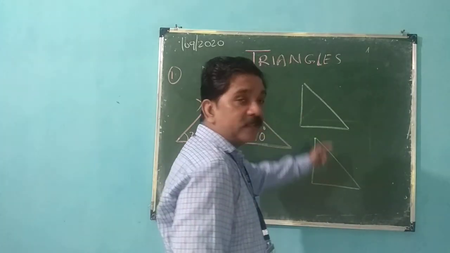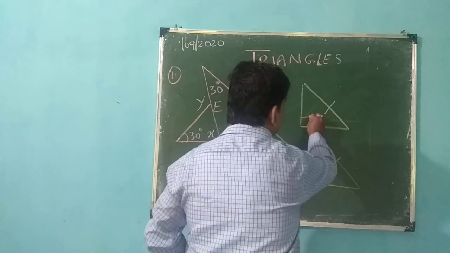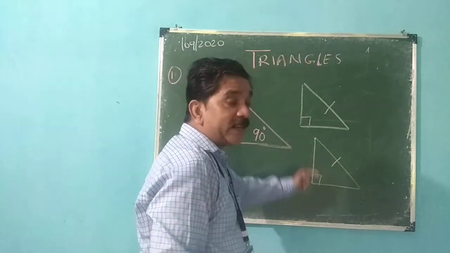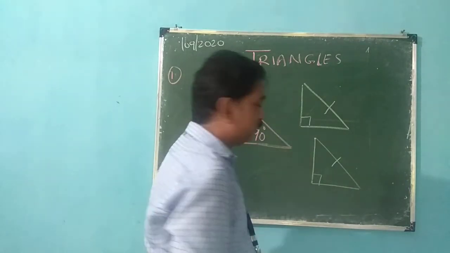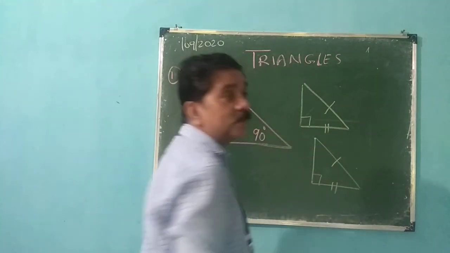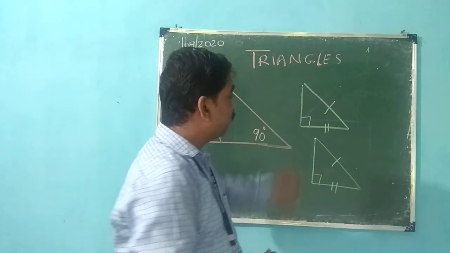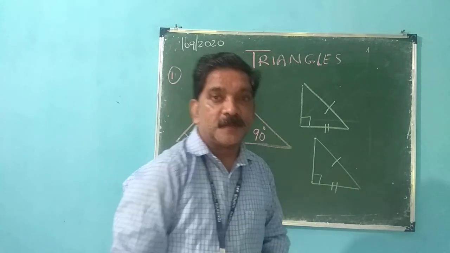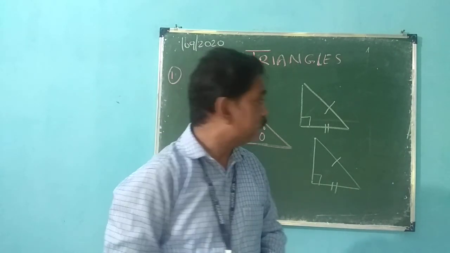When the hypotenuses are equal and one of the angles is 90 degree or right angle, and any one side, either this side or this side, if they are equal, suppose let me take this side, then it is said to be RHS. Correct? Remember this. So we can say that these two triangles are congruent by RHS criteria. Alright. Now this is what we did in the last class, and I think it must be very clear now.